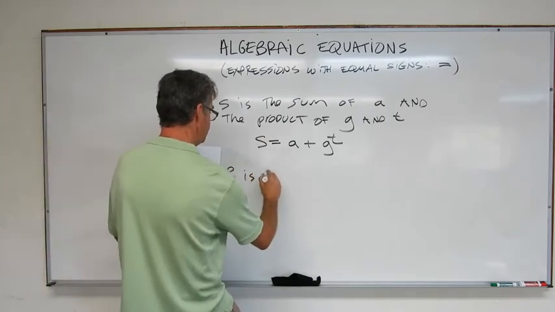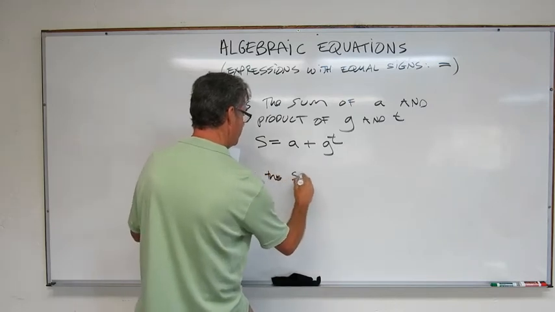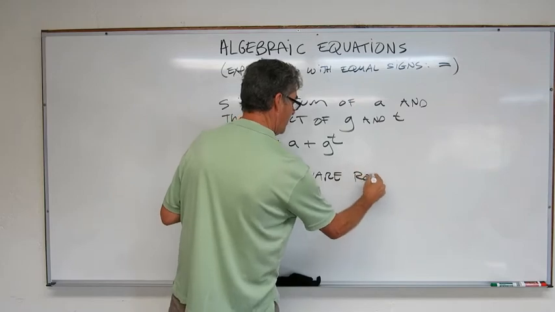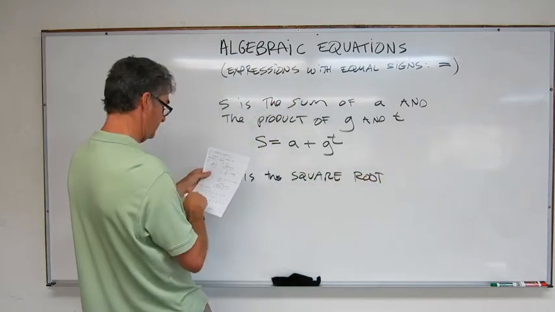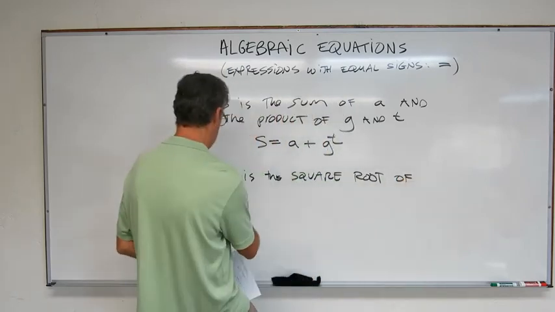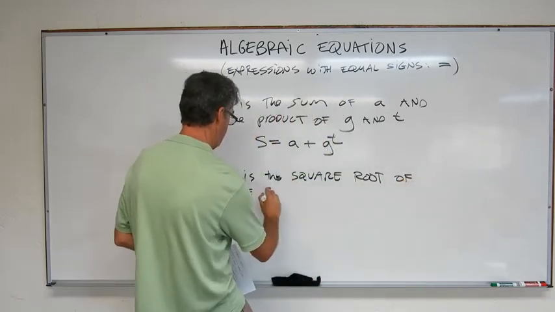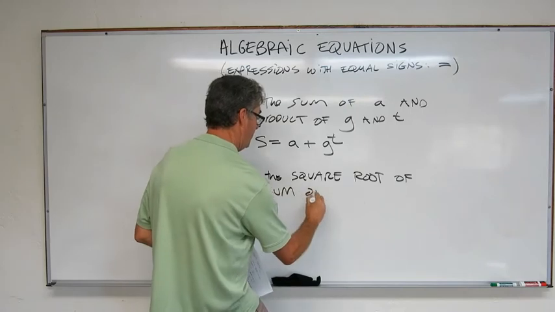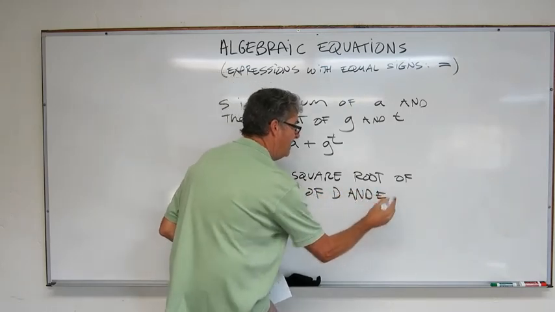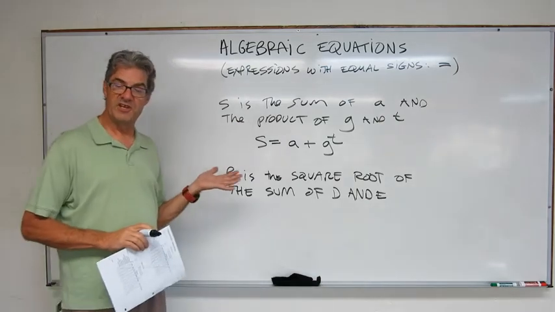P is the square root of the sum of D and E. Okay? Pause the video, give that a try.